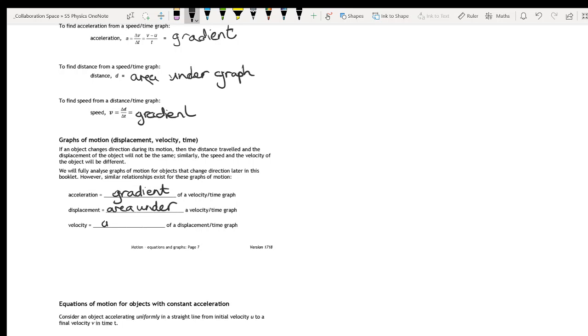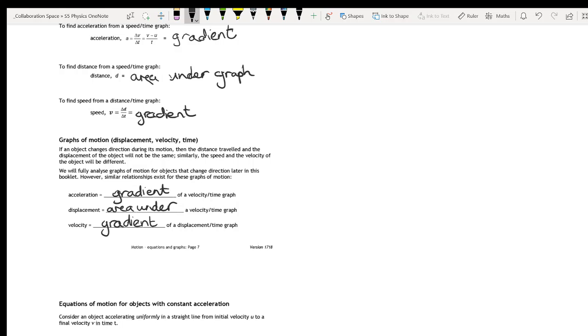And velocity is the gradient of a displacement time graph. So you just need to watch the wording there. Does anyone want me to repeat any of that? All that should be revision, apart from maybe the acceleration time graphs. We'll do more on acceleration time graphs later in this booklet.